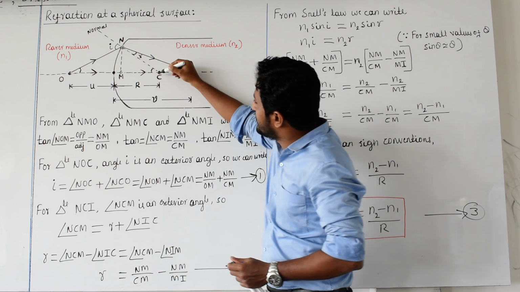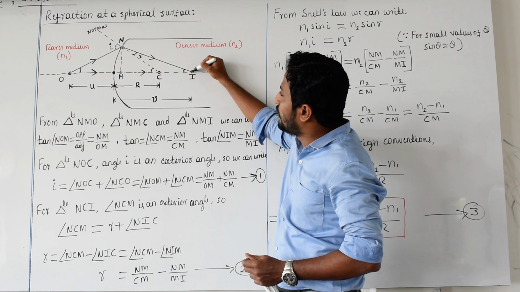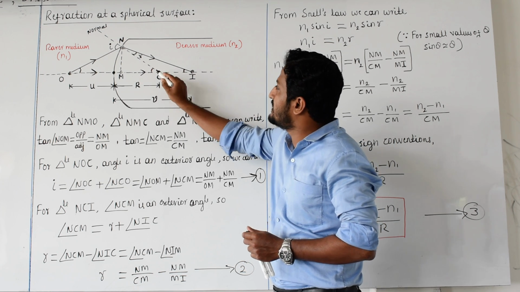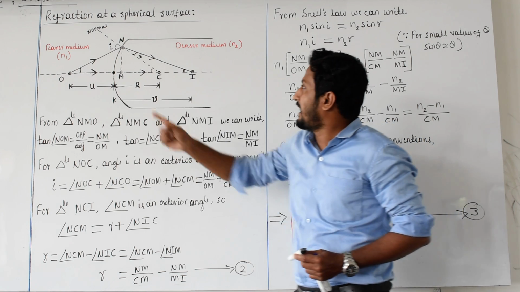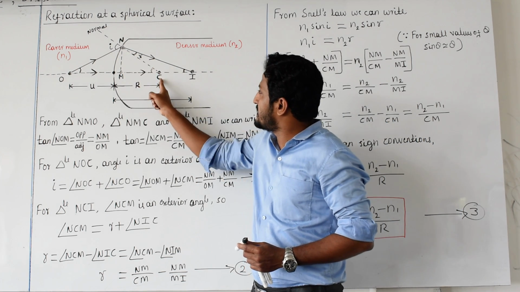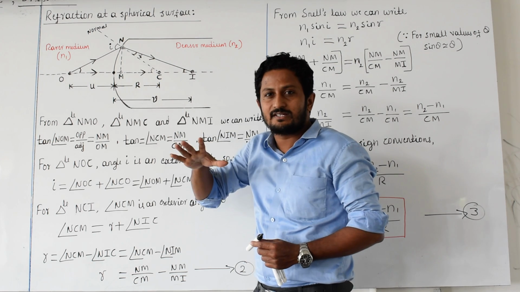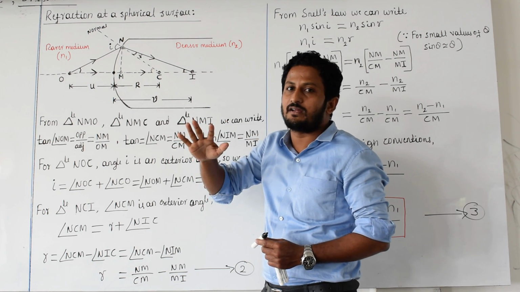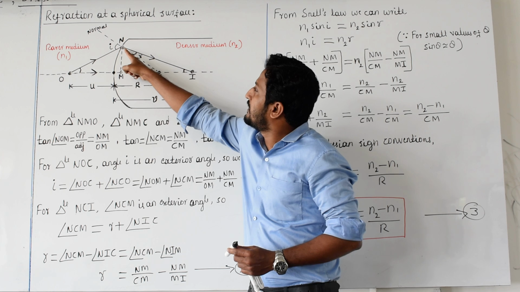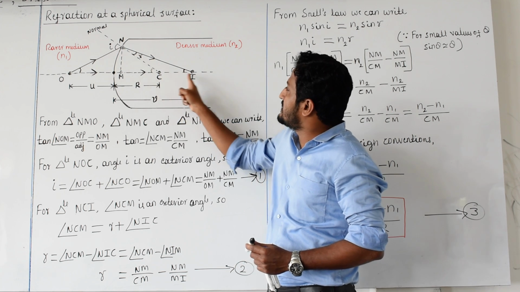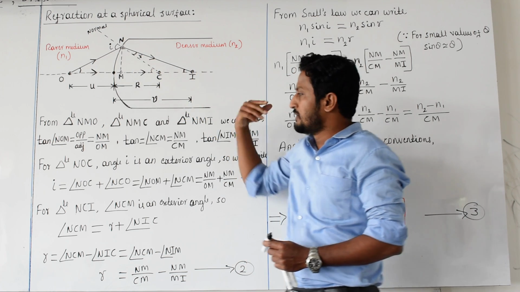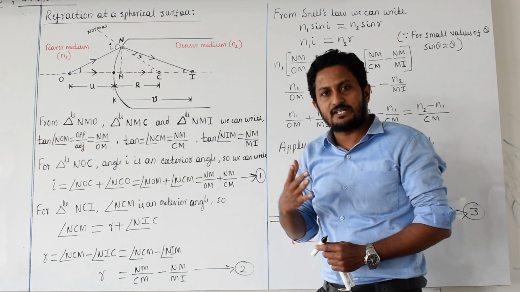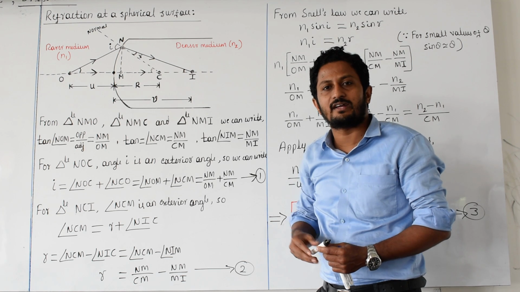Triangle NCI. For this triangle, this angle is looking exterior. Angle NCM is exterior angle to this triangle NCI. So, if it is exterior, then what can we write?